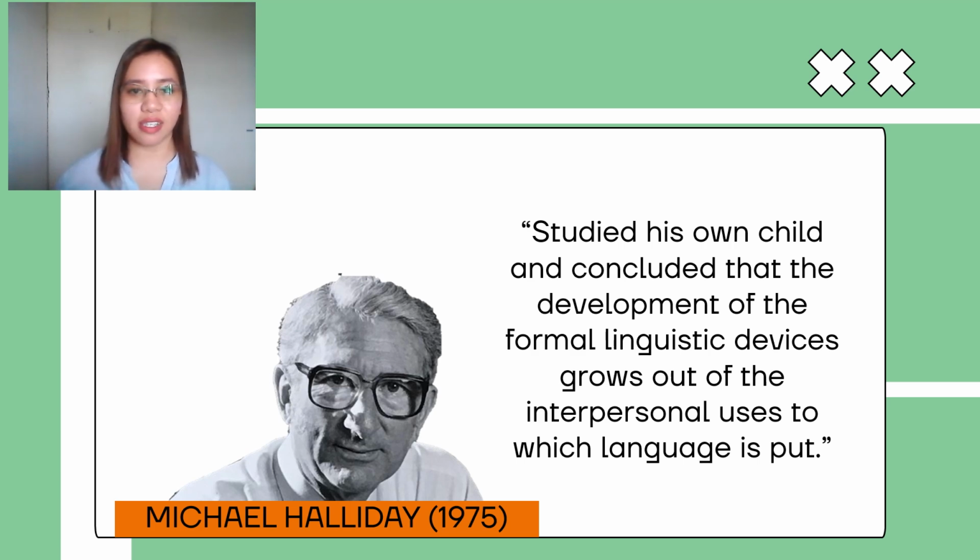So this means that children learn to use language through meaningful communication with others, like through their parents. So it indicates that the way language is used in everyday interactions shapes a child's linguistic development.